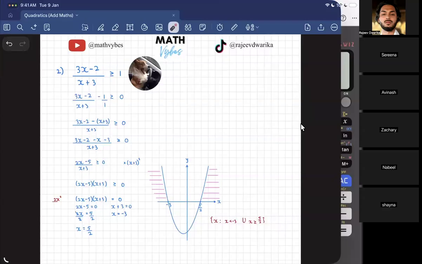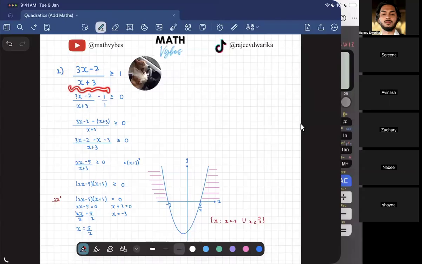And actually, Nabil, I would advise you to look at the original thing with which you started. At the start, we wanted to get the values for x that, when you plug them in, will give you what? We wanted to get values of x that would give us more than or equal to 1.